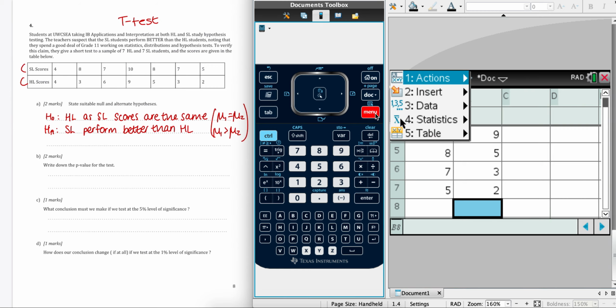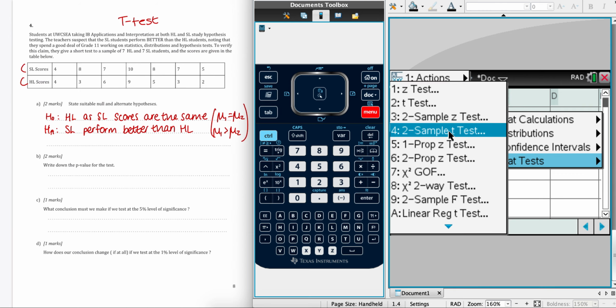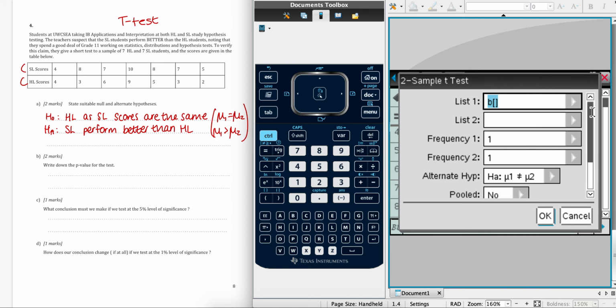And now I can do that same process: statistics, stats tests, and two-sample t-test. And again, I'm using the data that I've input. So my first list is my SL scores, and my second list is my HL scores. The frequency of 1 just means that each item comes once, which is correct. There were 7 people and I've given each of their scores separately as raw data.